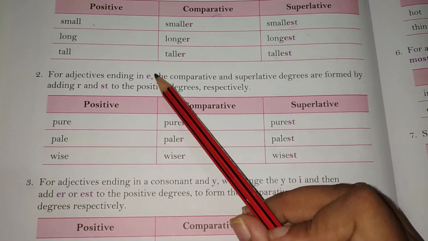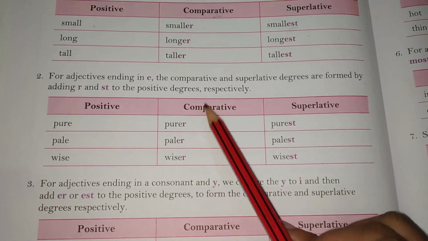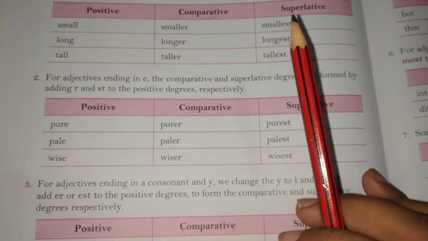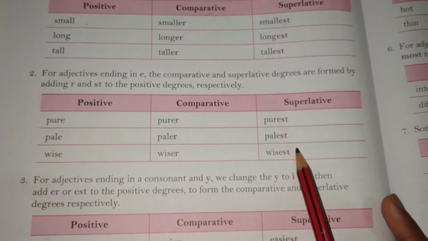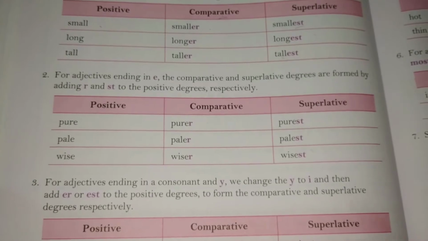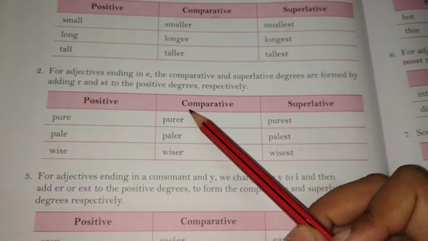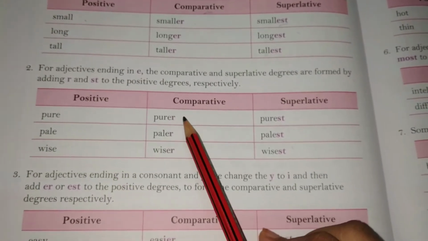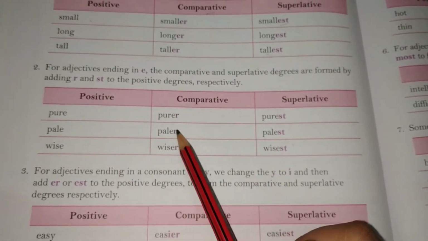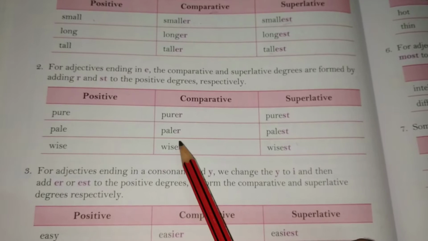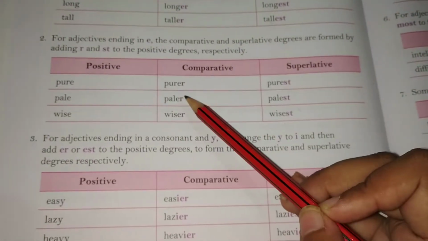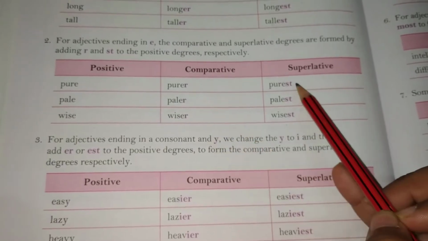Simply we add only r in comparative degree and st in superlative degree, like pure, purer, purest, pale, paler, palest, wise, wiser, wisest. As you can see here, students, we add only r and st.